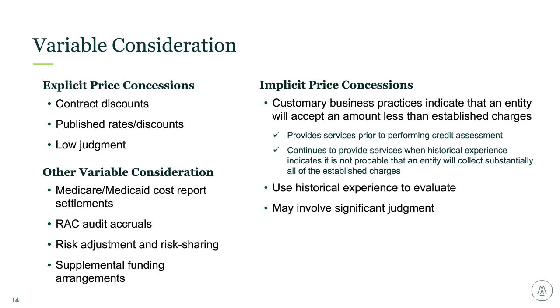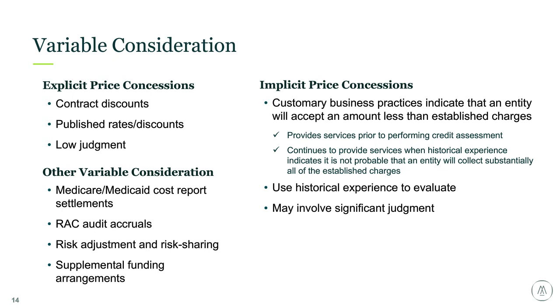Historical experience shows entities will likely not collect full billed charges, so instead of recording revenue at the billed charges and then recording a bad debt allowance either up front or down the road, entities will now estimate upfront the amount they do not expect to collect based upon their historical experience, and that's known as the implicit price concession, and that net revenue or that lower revenue amount is what will be recognized upfront. And that includes consideration of the implicit price concession as a reduction to the revenue that is recognized upfront.